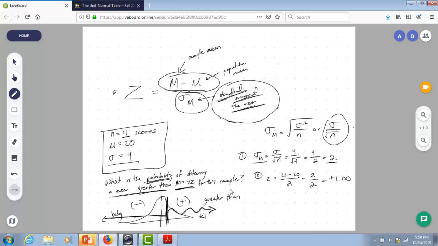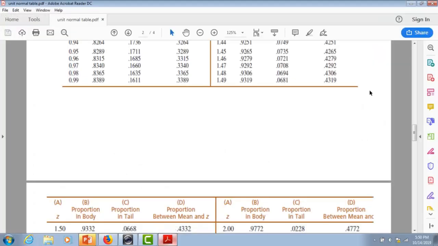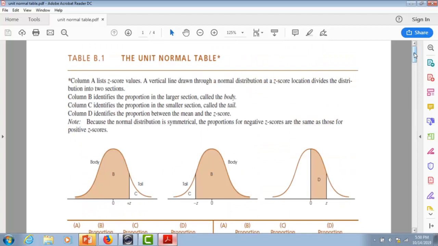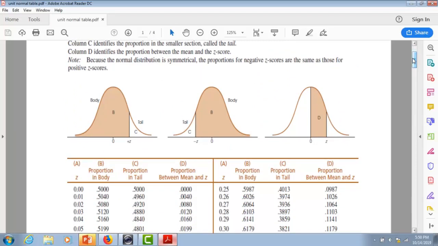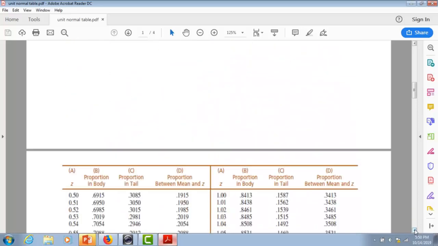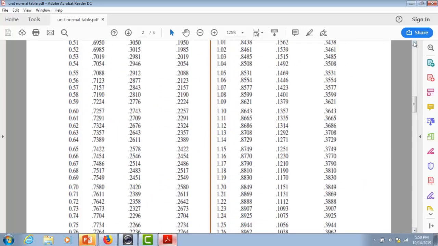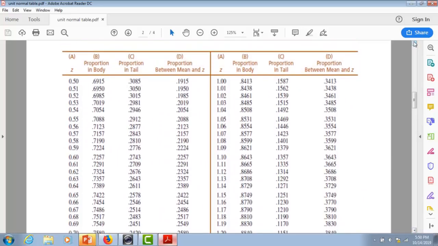Okay, so once we've determined what we will go with, we will then transition to our unit normal table. And we have a positive z-score, so that means that the tail would be going to the right, and that's the particular column, C, that we need to utilize. So let's do that. We will look up a z-score of 1.00.